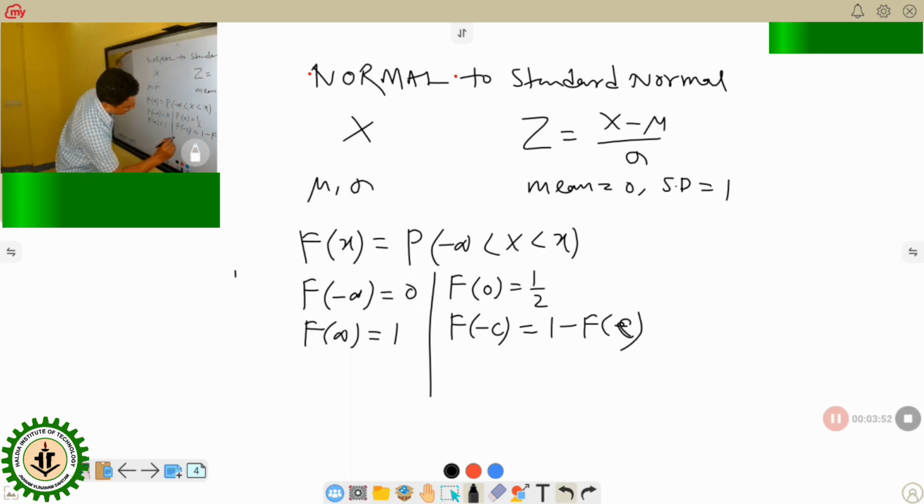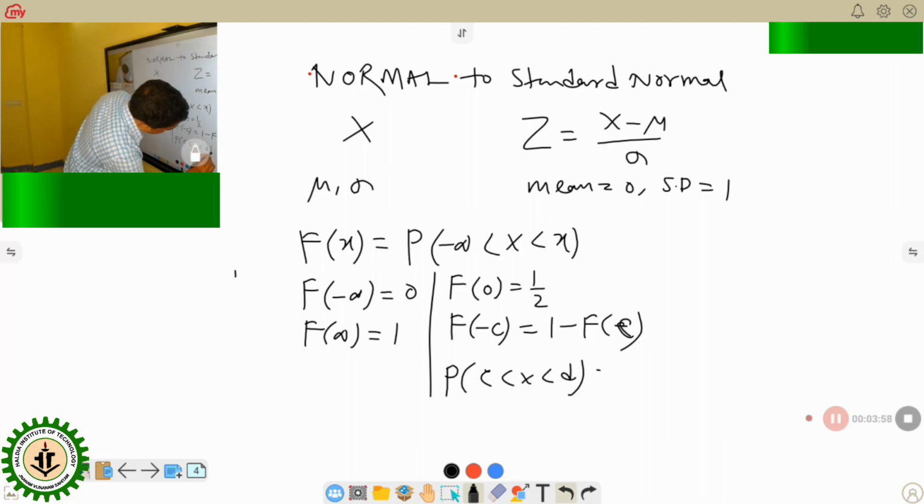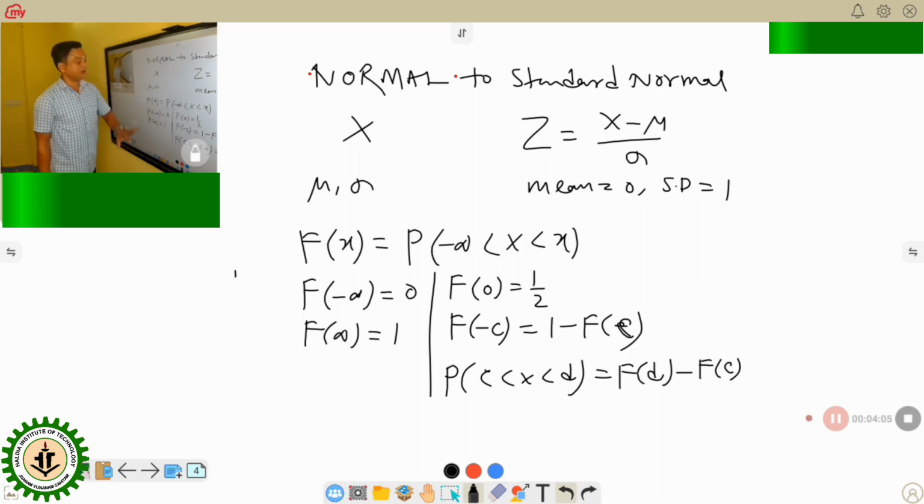And probability of c less than x less than d is equal to F of d minus F of c. These are the probabilities you need to remember when you are finding a probability through standard normal distribution.